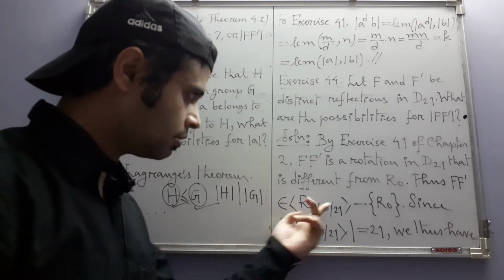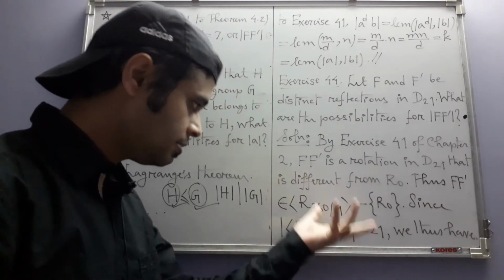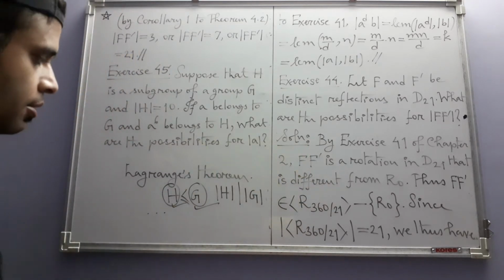It's because our element f prime is in this cyclic group. So in this cyclic group, that theorem is true.